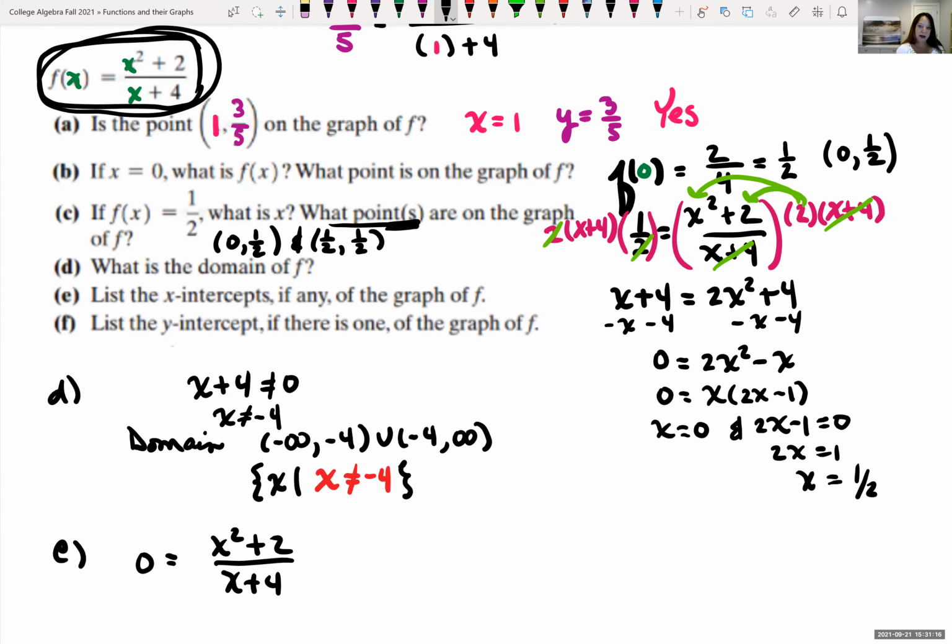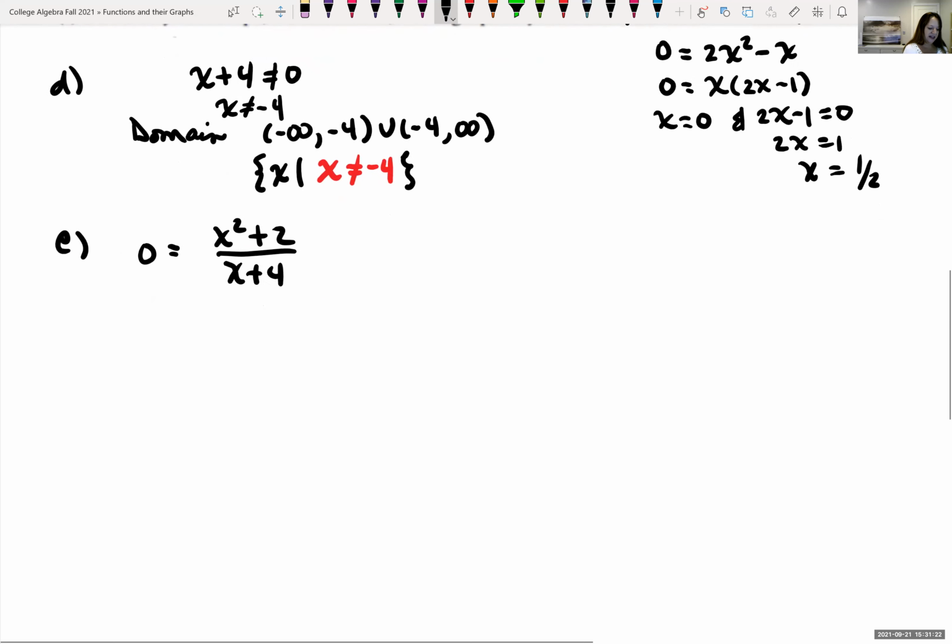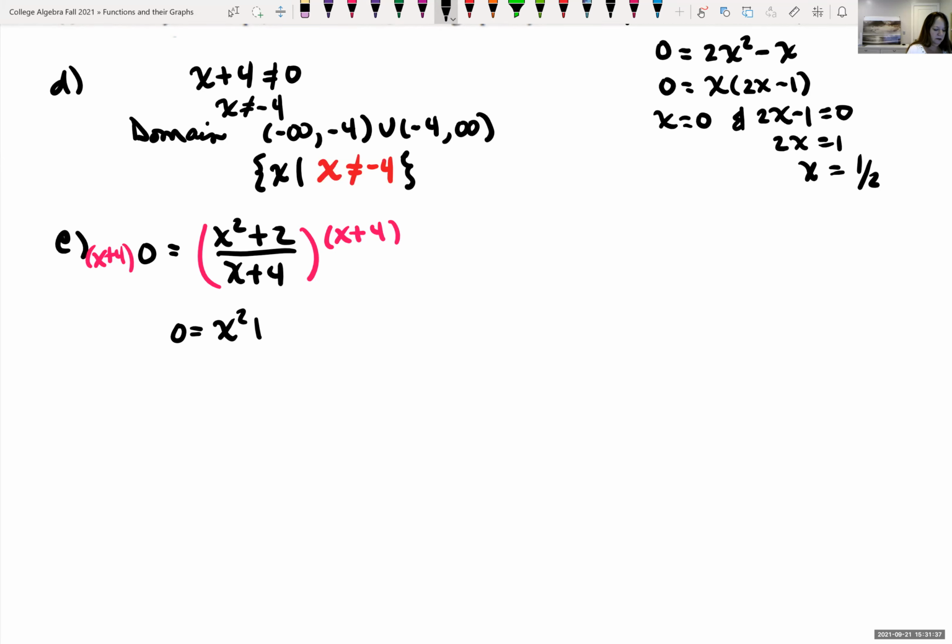If we multiply both sides of our equation by x plus 4 to clear our fraction, we get that 0 is equal to our numerator, x squared plus 2. Solving for x there, we could subtract 2 on both sides and use our square root property.